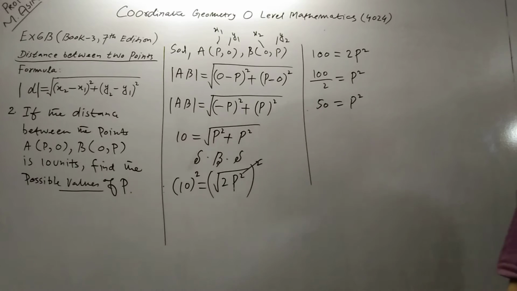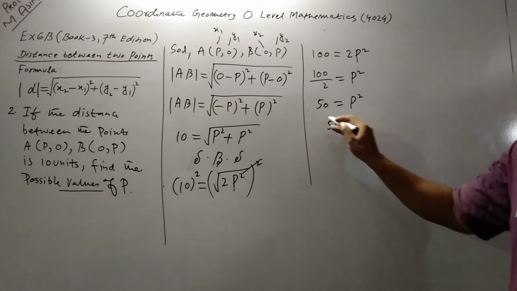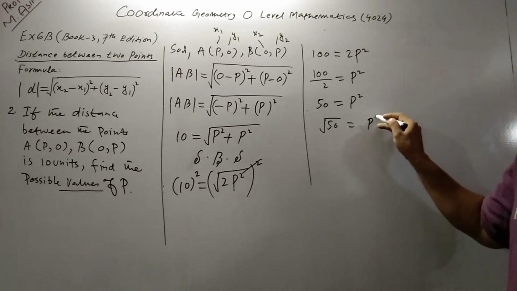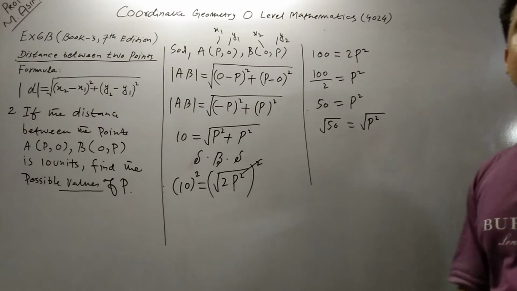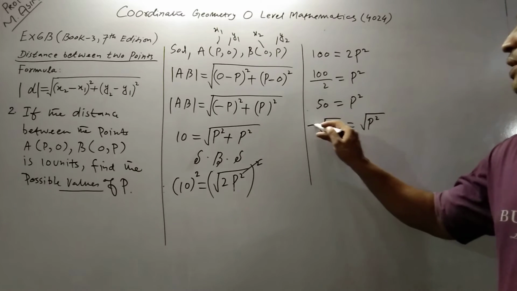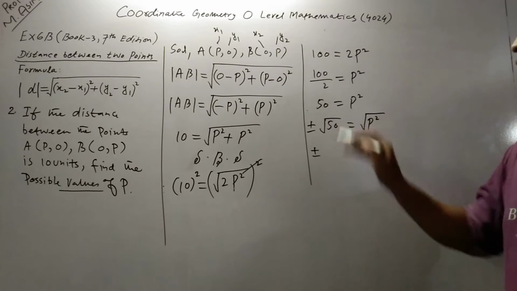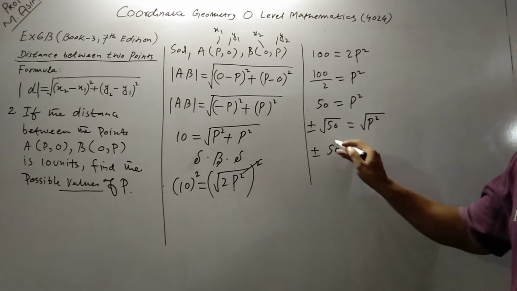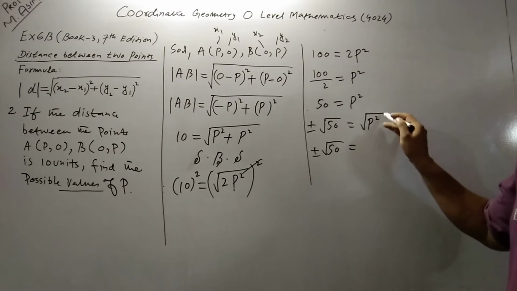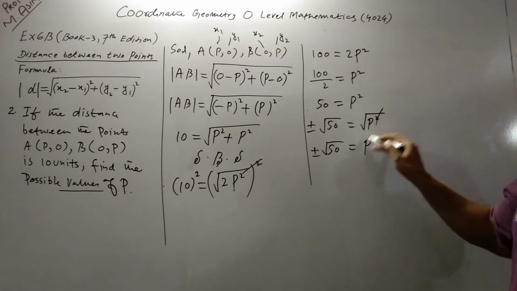Now taking square root on both sides. 50 square root is equals to p square root. Whenever you take square root on both sides, you must apply plus minus sign. So plus minus 50 square root is equals to p, square cancelled by the root.